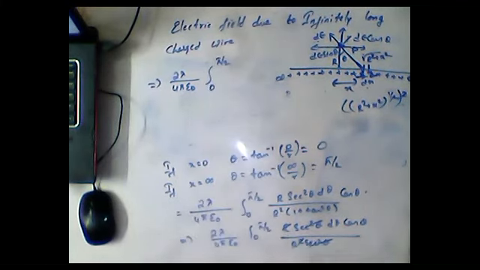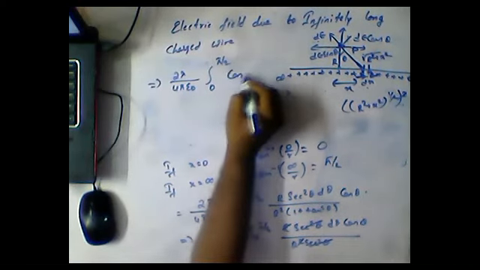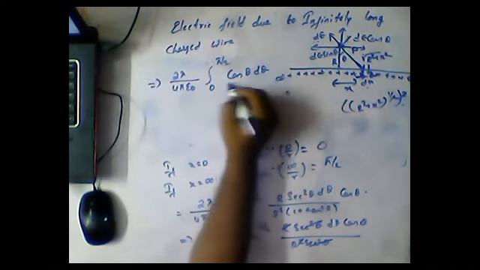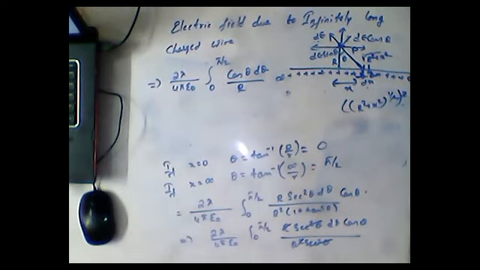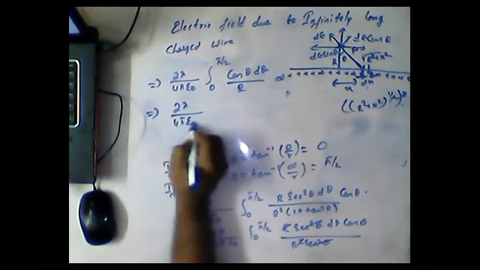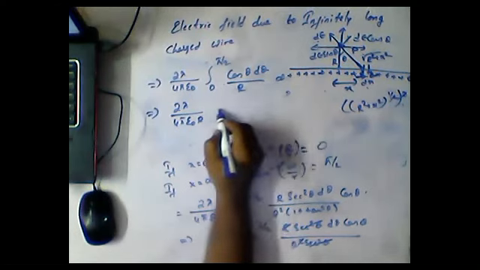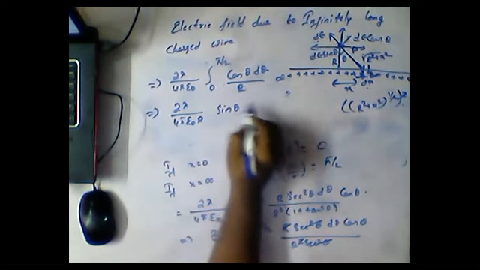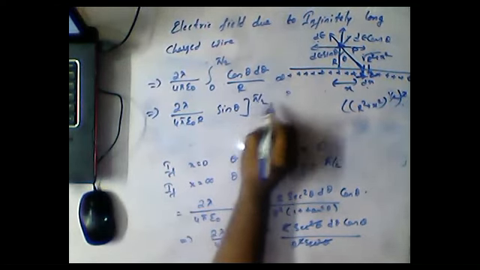So r secant square theta cancel, what we left is cos theta d theta by r. So r is a constant, we can keep it outside. So ultimately our changed formula is 2 lambda by 4 pi epsilon r, and cos theta integration is sin theta from 0 to pi by 2.